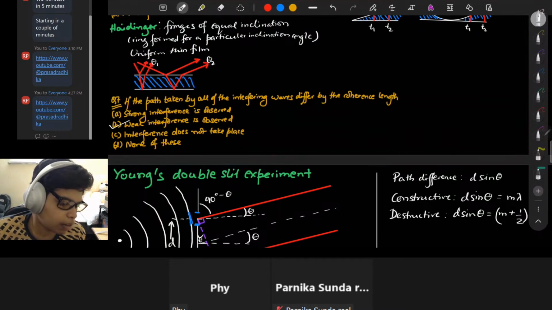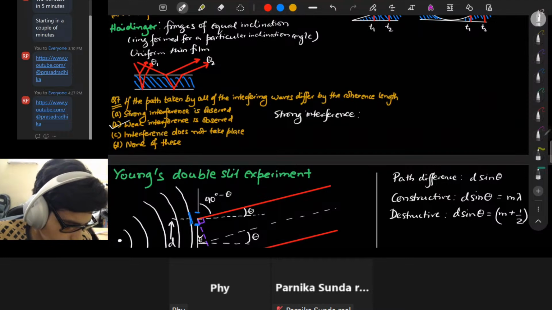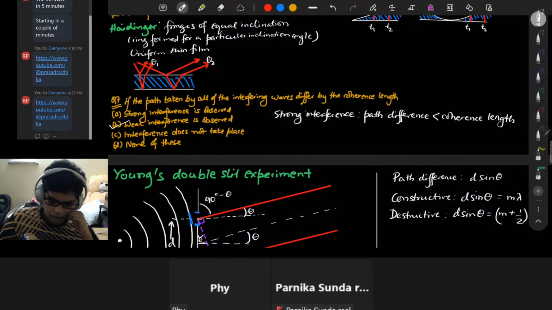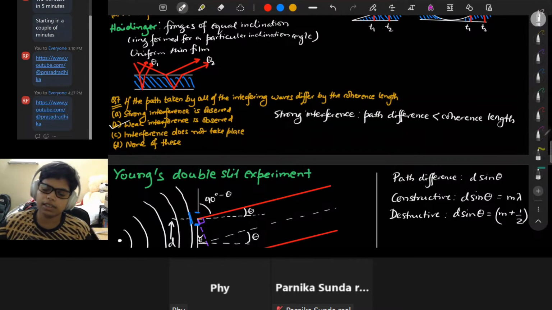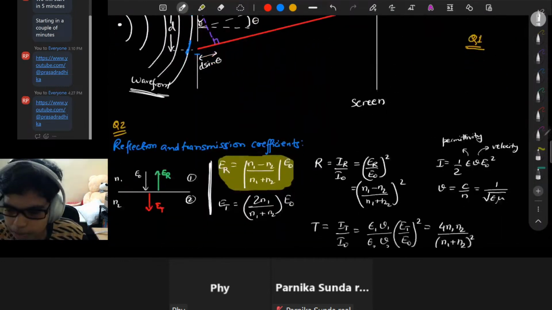And what happens is, for strong interference, your path difference should be less than the coherence length. Under this condition, you observe strong interference fringes. And if this condition is not met, then you do not really see interference fringes. Okay, so we can proceed further to the next question.